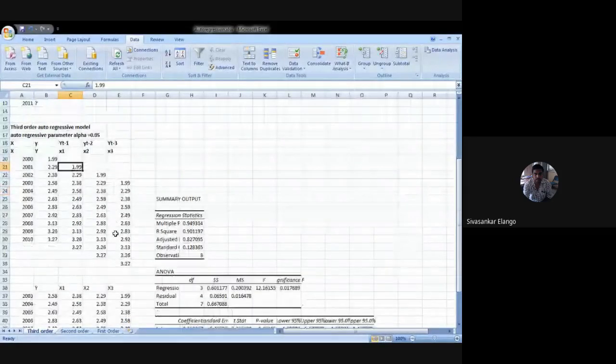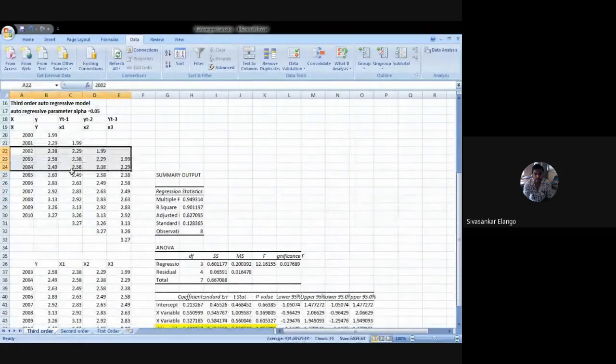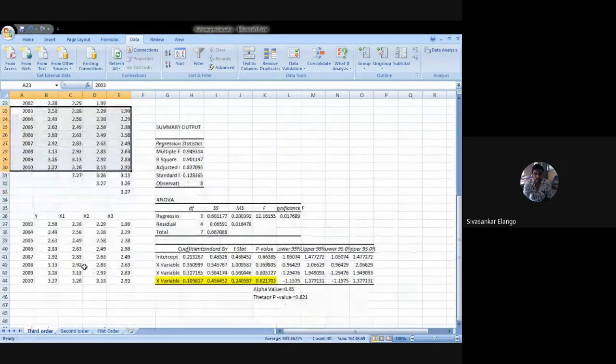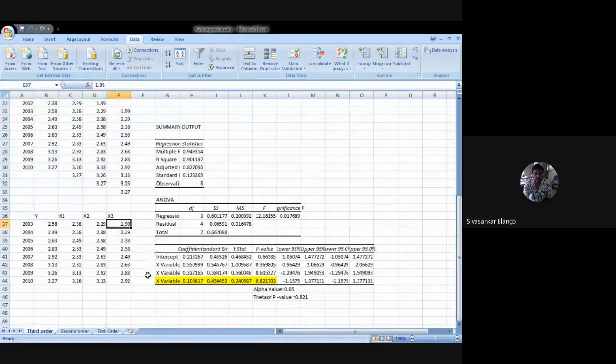Once you have this data, you need to select the information which is completely available. We have the information for all 3 variables for the years 2003 to 2010. You paste it, and using the data analysis tool, you are going to find the intercept as well as the x1, x2 and x3 values.